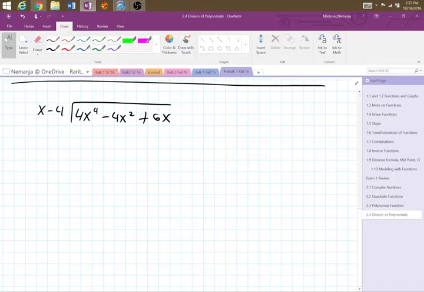Adding x to the zero. You just put it in zero. Oh, wait, that's zero.